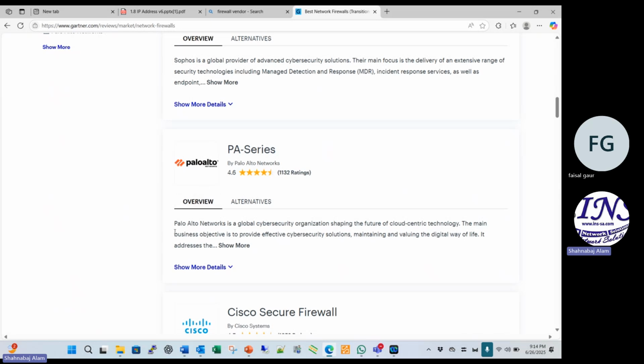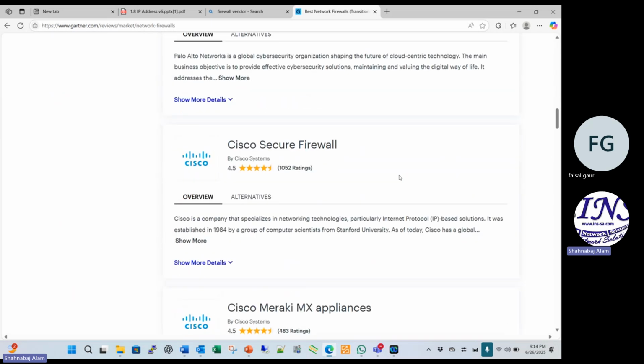This is the Palo Alto. Palo Alto Networks is a global cybersecurity organization shaping the future of cloud-centric security. Its business objective is to provide effective cybersecurity solutions. And we have also Cisco firewall.